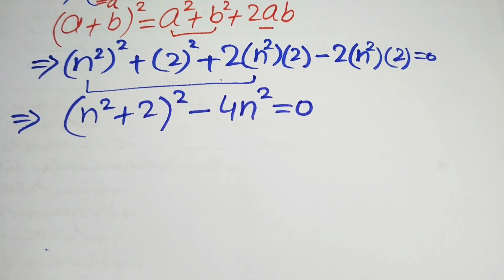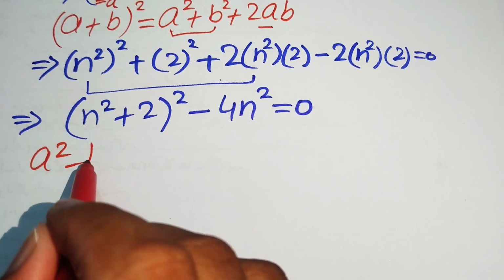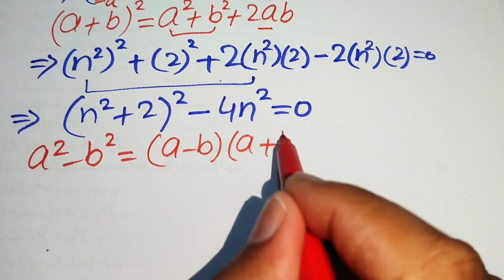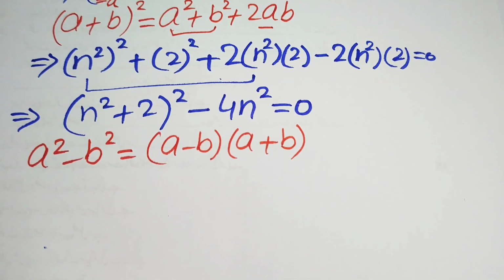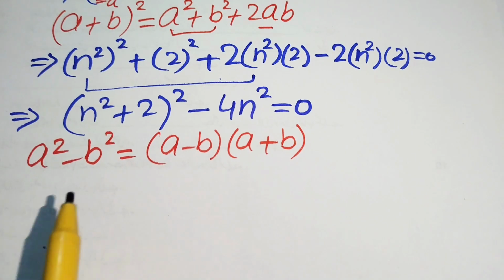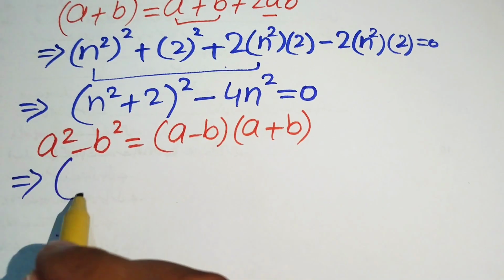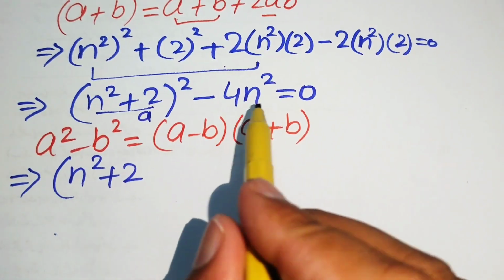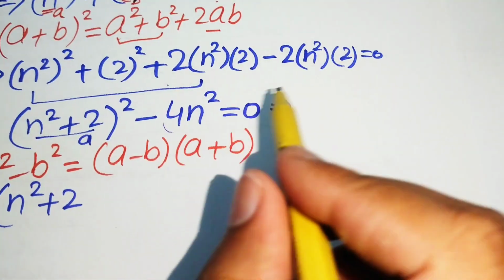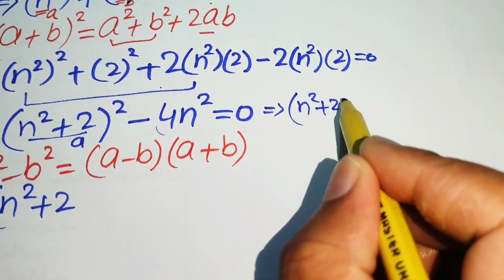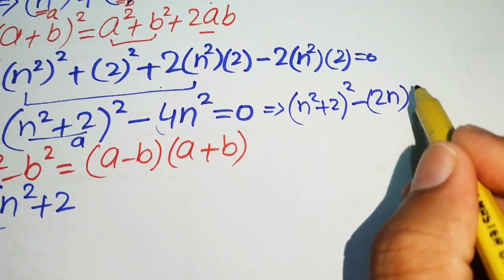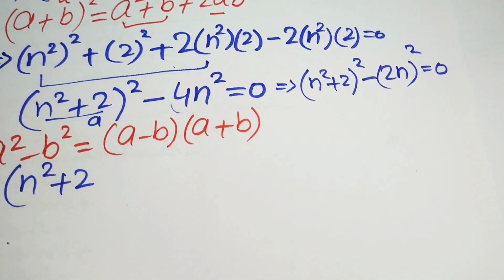So now in the next step we again use another square identity, and we know that if we have a square minus b square, it is equals to a minus b times of a plus b. So we use this nice formula to the above term, so that our above equation will be written as n square plus 2 whole square minus we write this 4n square as 2 times of n and its whole square, and this is equals to 0.